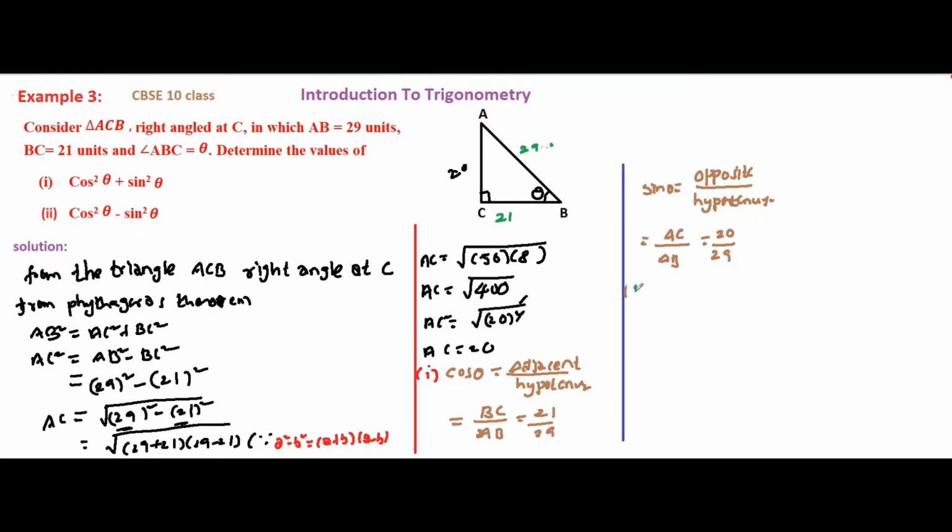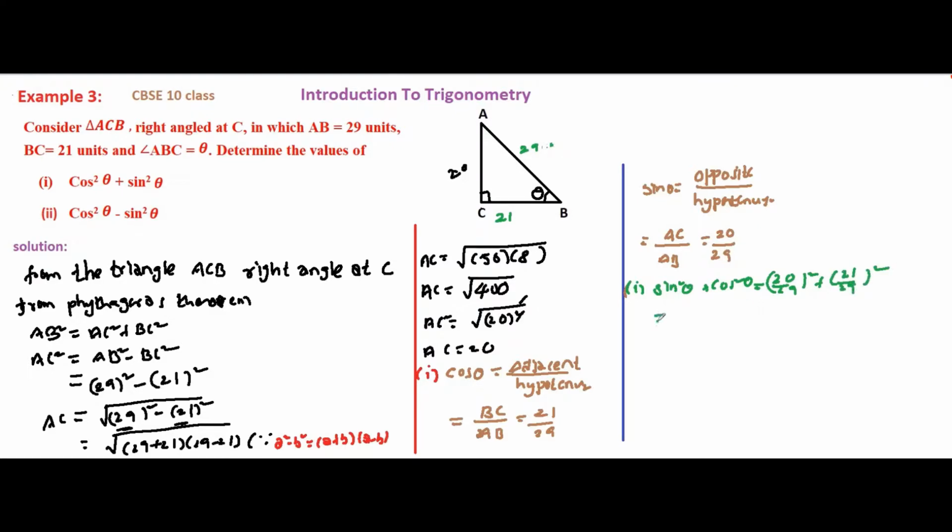Now we are going to find sin square theta plus cos square theta. Sin square theta is 20 by 29 whole square plus cos square theta is 21 by 29 whole square.